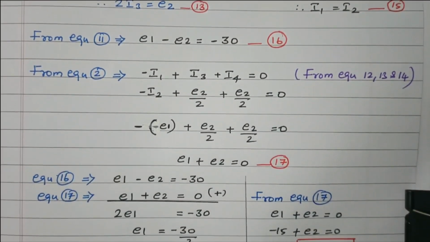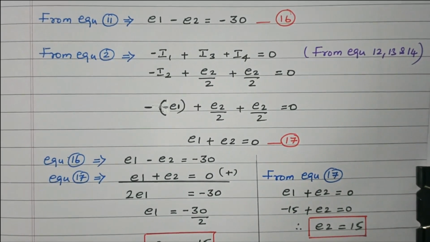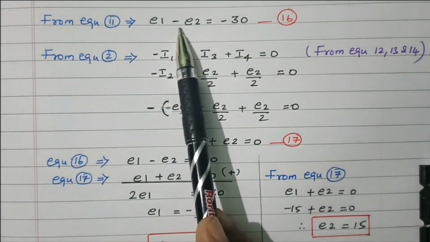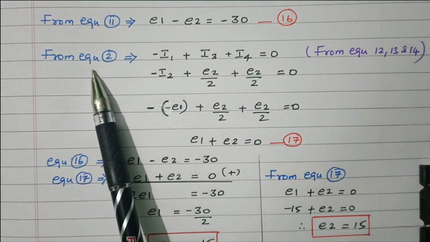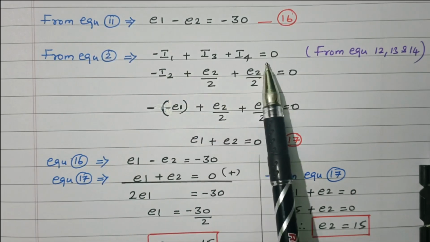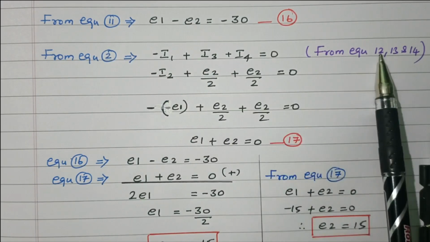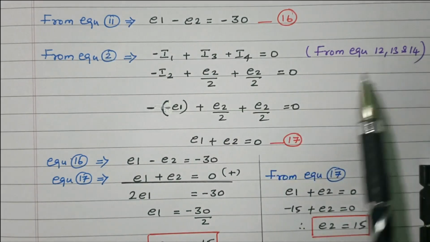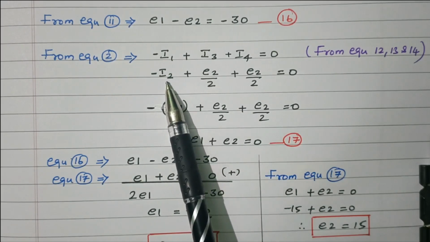Now we'll take the equation 11. What we framed, equation 11 is E1 minus E2 equal to minus 30. From equation 2, minus I1 plus I3 plus I4 equal to 0. Now all these values are available from equation 12, 13, 14. I1 equal to I2, just now we discussed.